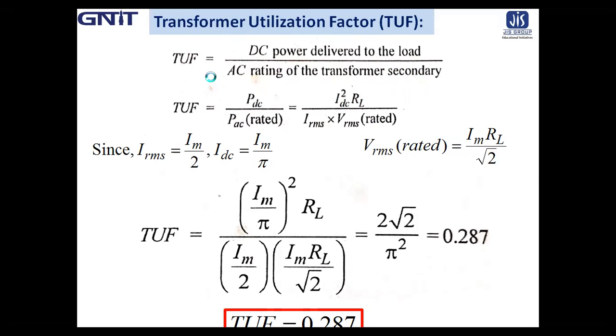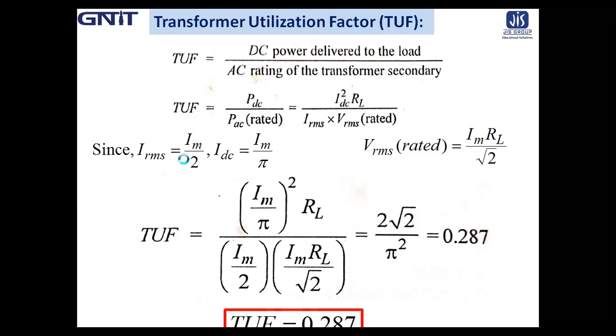So TUF is equal to PDC, the DC power delivered to the load, over the AC rating of the transformer secondary, that means PAC rated. So PDC is IDC square into RL, by PAC rated, that means IRMS into VRMS rated.